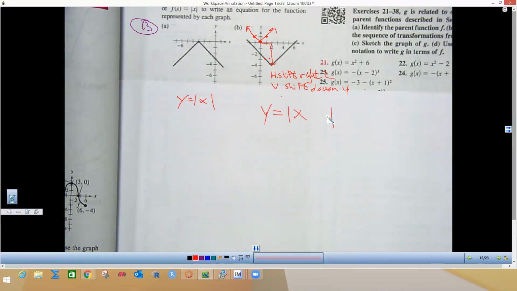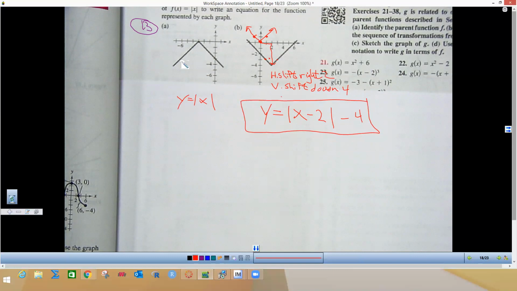So inside there with the x, I'm going right 2, and horizontal shifts are the opposite. I have to put -2 because I'm going right 2. I know vertical shifts are the same direction, and since down is negative, out here, not in there with the x, I put a -4, and that's the equation for B.